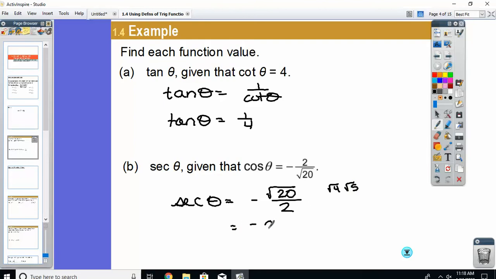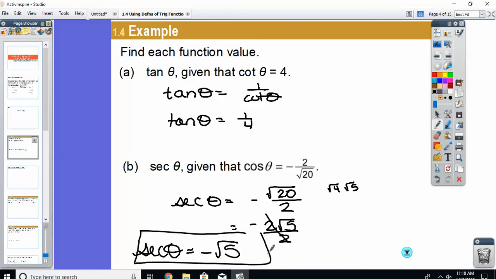Square root of 4 is 2. And those -2's will drop. So secant of theta is actually just negative radical 5. Even though the original one, I didn't give it to you in reduced form, I do still expect you to reduce your final answer as much as possible. Questions, sir?